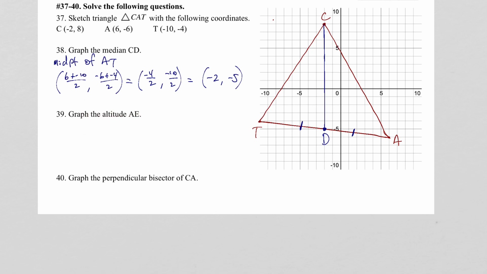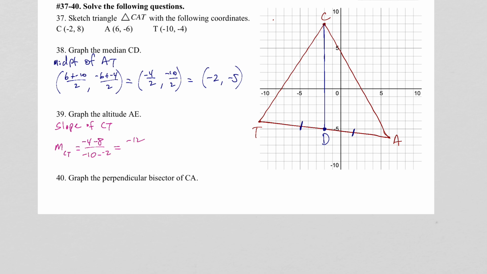Okay, the altitude AE. So here's A, and I've got to hit this side at a right angle. So it's got to be perpendicular. So the first thing I need to know is the slope of this line. So I'm going to find the slope of CT. So the slope is going to be the difference of the y's, negative 4 minus 8, over the difference of the x's, negative 10 minus a negative 2.